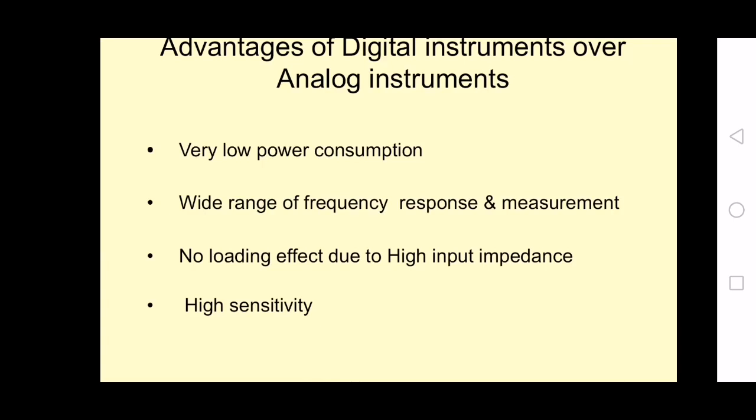So digital instruments possess high impedance, so the loading effect will be less, and accuracy will be high, and resolution is better. Reading speed is very high due to the digital speed. Output is in digital form, which can be directly recorded and is suitable for further processing.